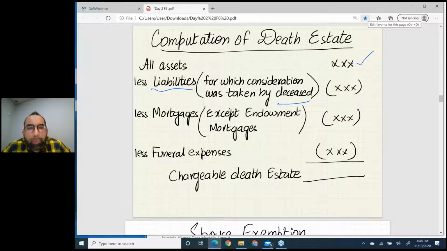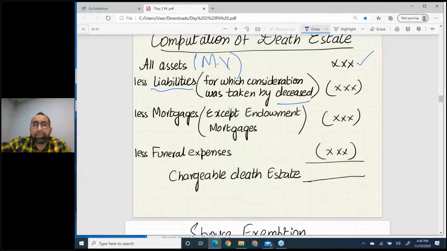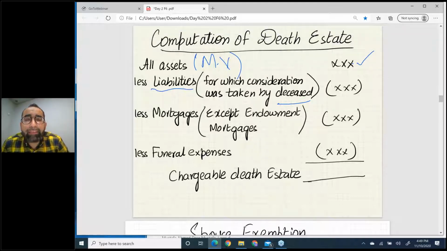Okay. One more thing which I have not written here, but you all know. I've written all assets. All assets means their market value. But there is one asset which we call life insurance proceeds. So never include the market value of a life insurance or life assurance policy.